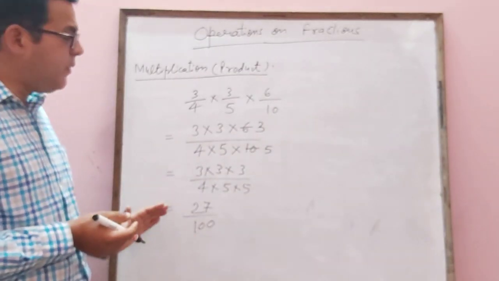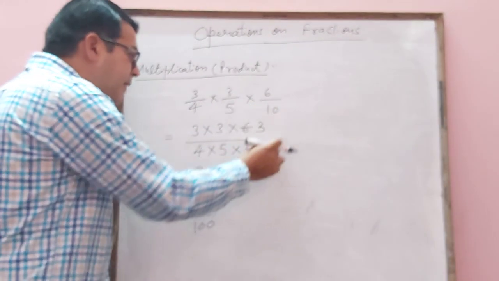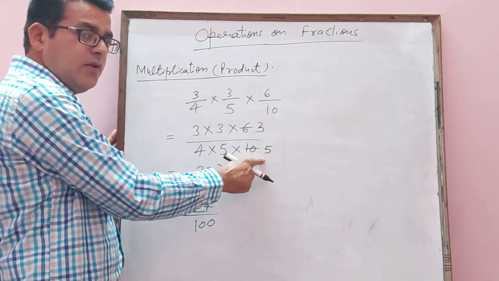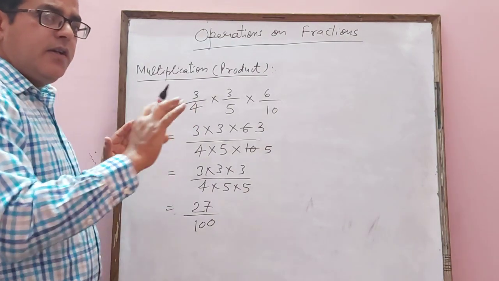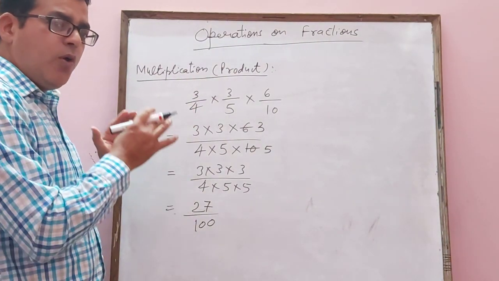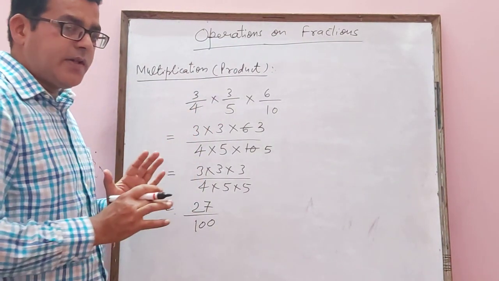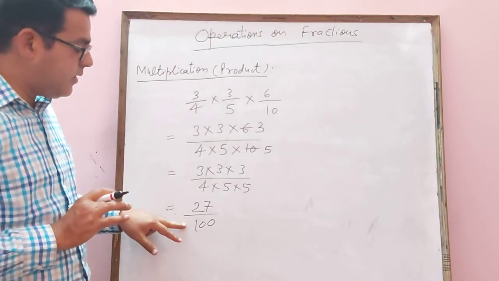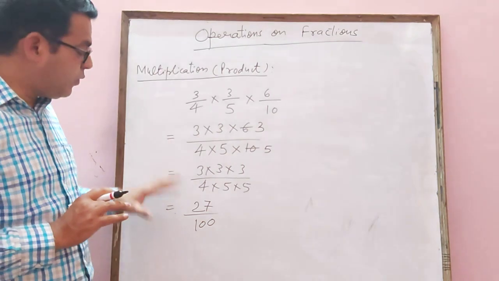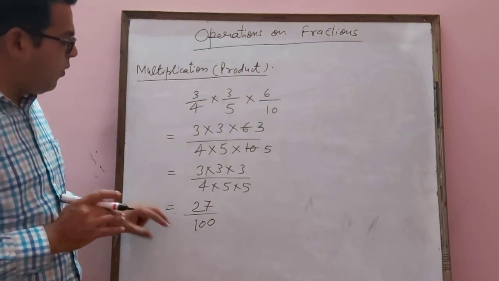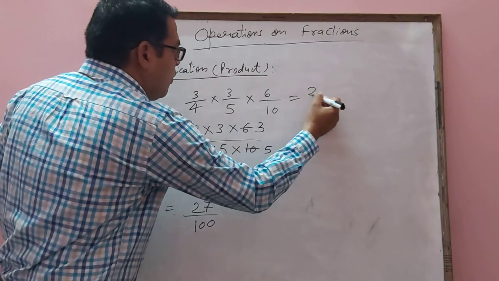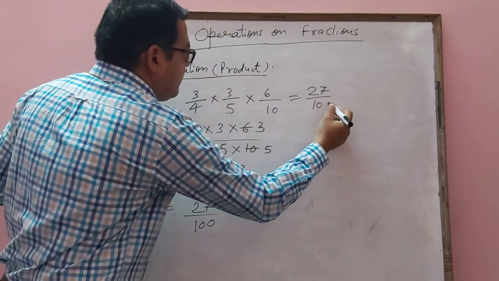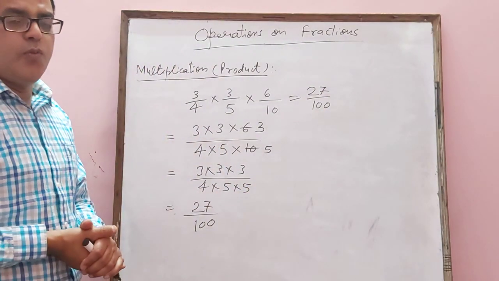Why is it simple? Because we have already taken the common factors and we have already divided the terms by common factors. So it is a simple fraction and it is in proper form also. So 27 upon 100 is the product of these three fractions. Hope you understand, guys.